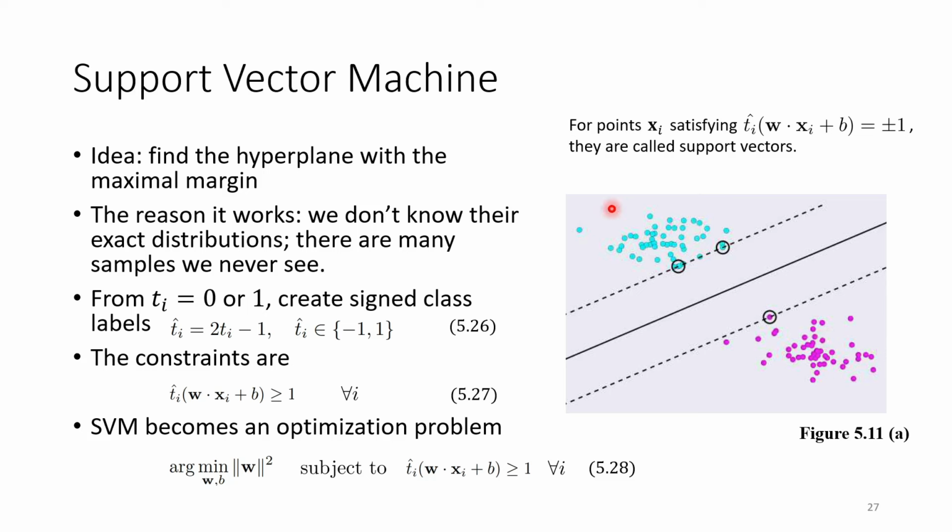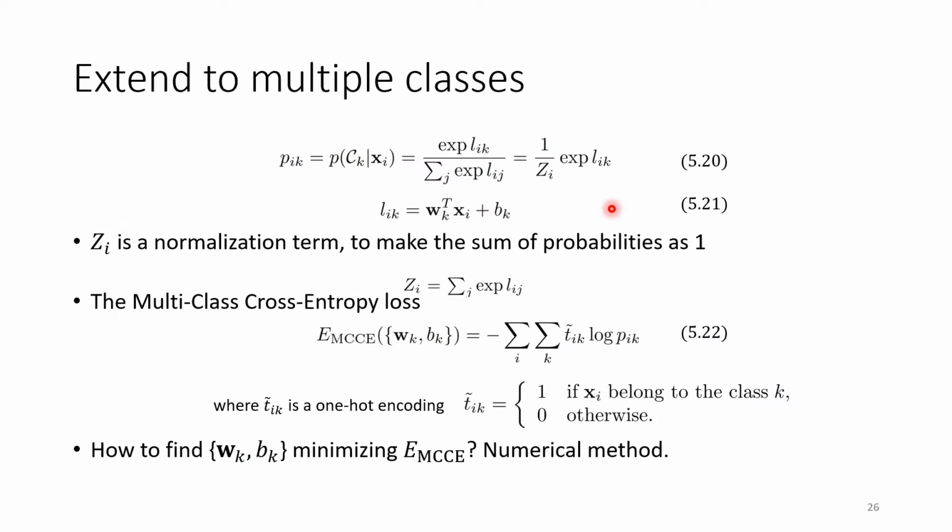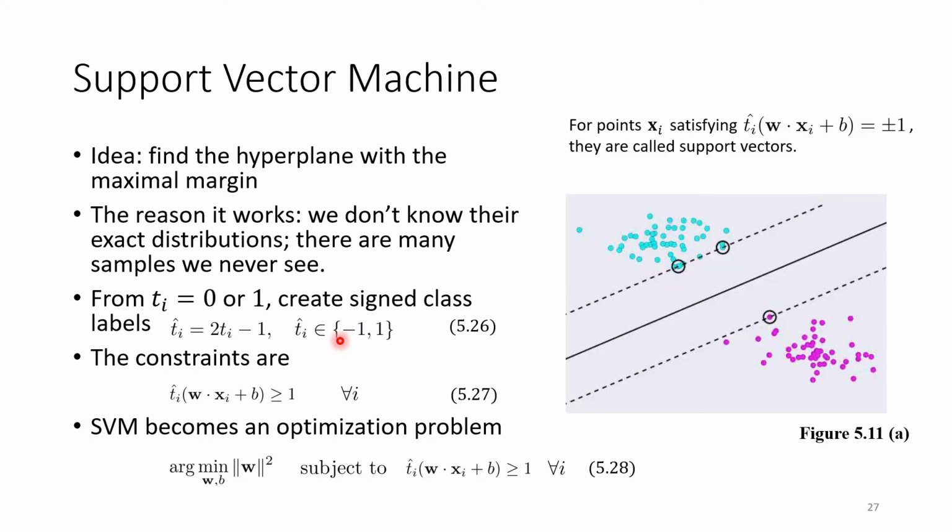What's the relationship between the support vector machine and our cross-entropy loss? Here for the binary case, our class label is either 0 or 1. And here we use another class label, the hat t.